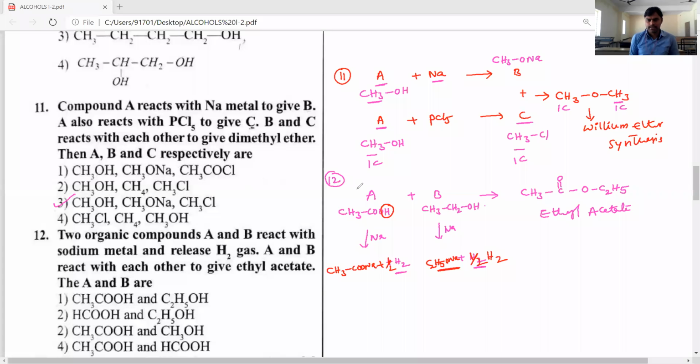In acids, the OH bond will cleave for the esterification reaction. In alcohols, the C-O bond will cleave, then loss of a water molecule produces esters. So the answer is acetic acid and ethyl alcohol. The first option is correct.